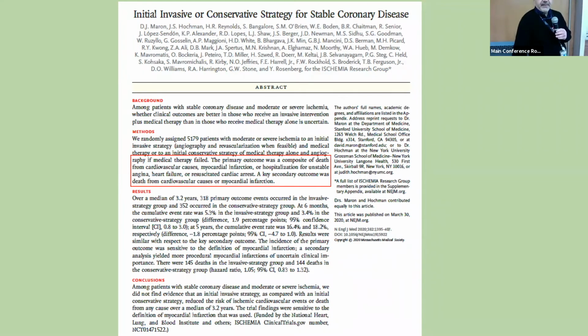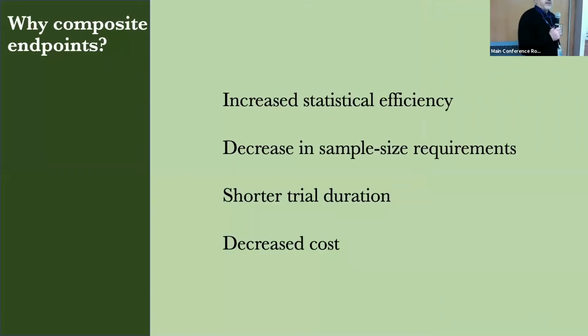Getting off track again. All right. So why do we do composite outcomes? First, it increases the statistical efficiency. And in my next slide, I will tell you what this statistical efficiency means. Second, but the main reason, is that sometimes you need a lot of patients to reach a meaningful patient-centered primary outcome.